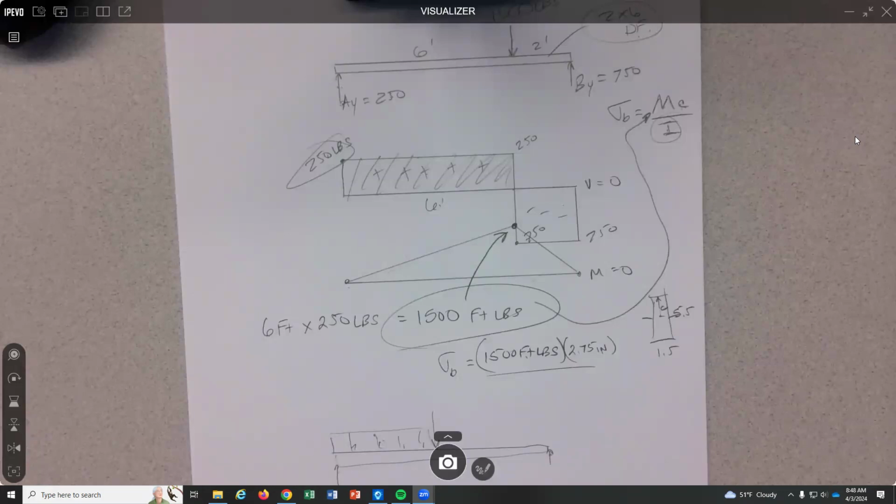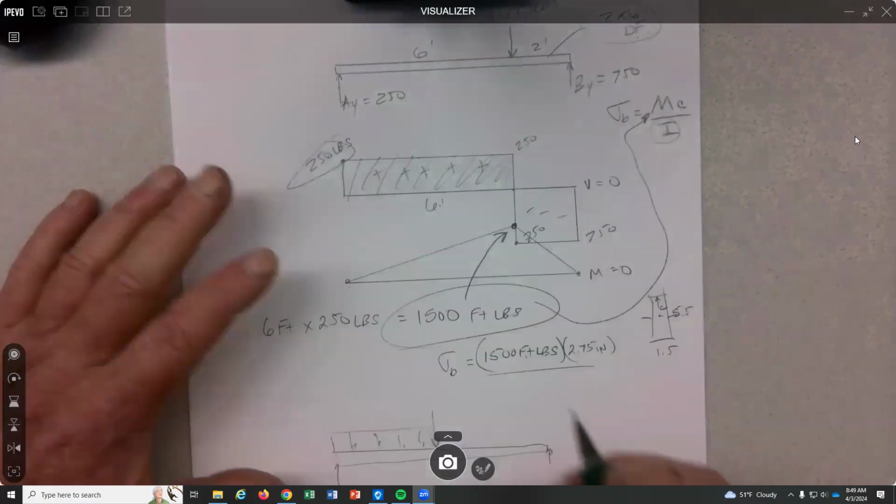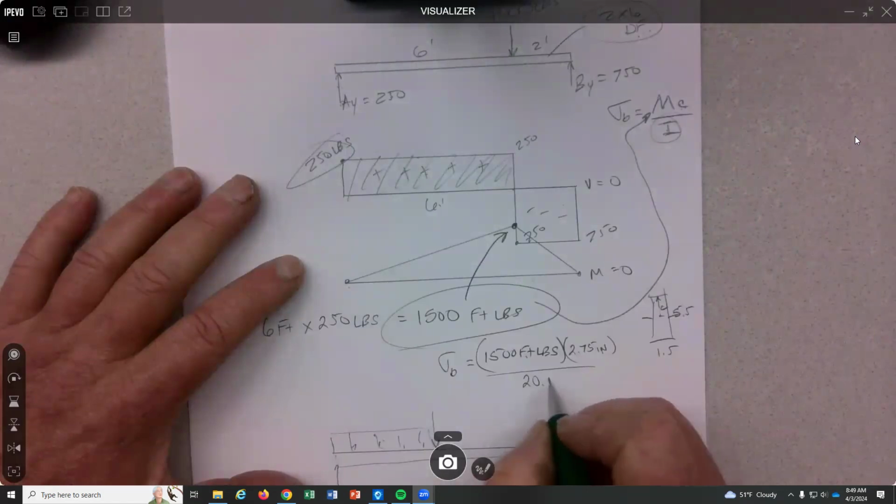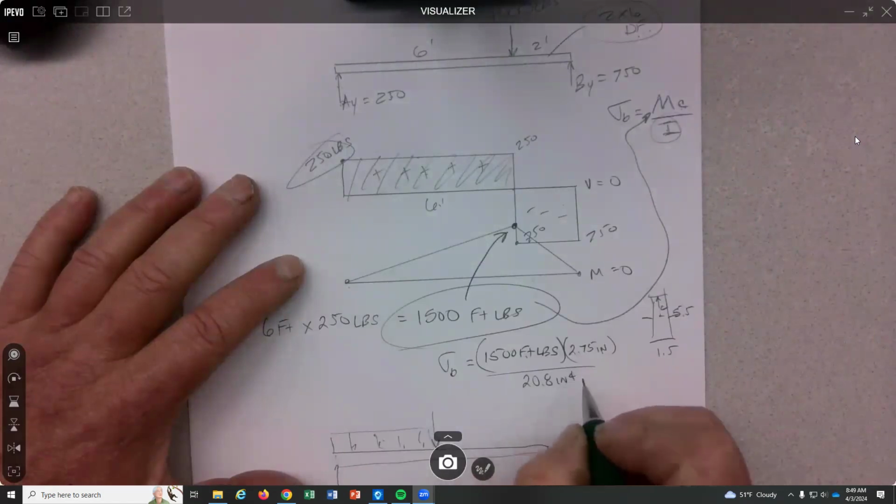A 2 by 6 has an inertia of 20.8 inches to the 4th.